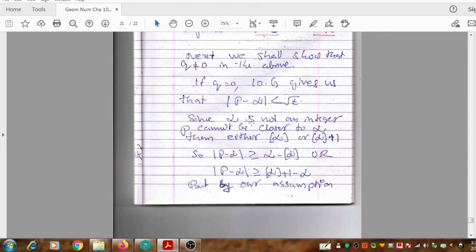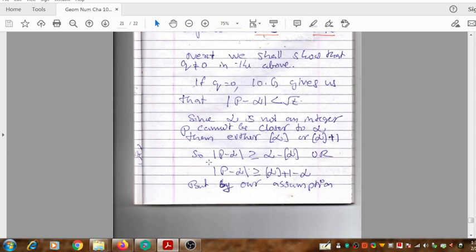Since alpha is not an integer and p is an integer, p cannot be closer to alpha than either the floor of alpha or the floor of alpha plus 1; these are the two nearest integers.